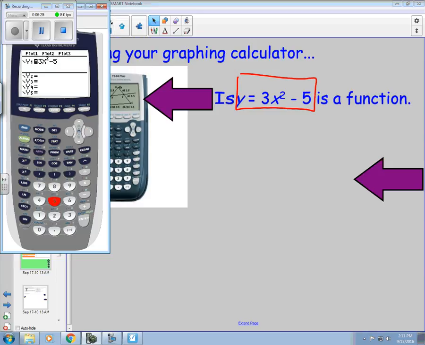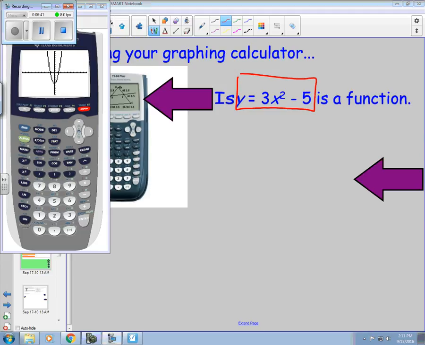And then if we hit this graph button in the upper right hand corner, we should get a picture of a graph of this function. So now, would it be a function? Does it pass our vertical line test? I think so. If we draw some vertical lines here, no matter where we draw vertical lines, it only hits one time. So we would say yes, this would be considered a function.